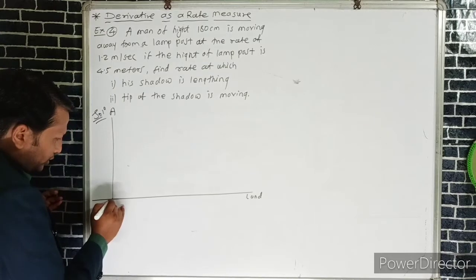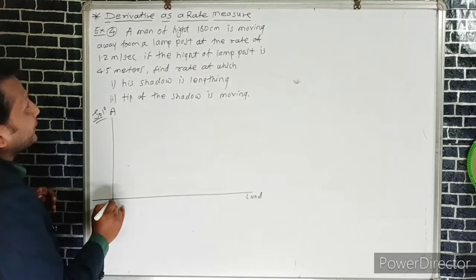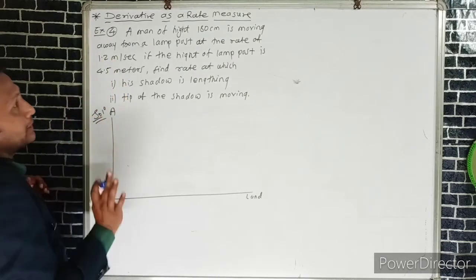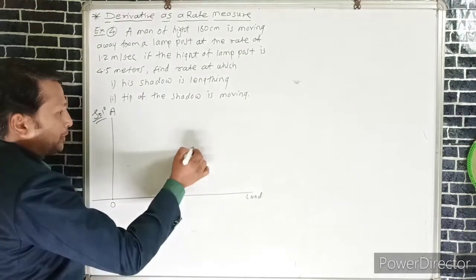He starts from the lamp post and goes away at the rate of 1.2 meter per second.